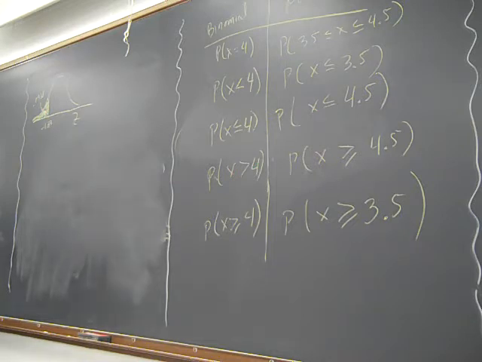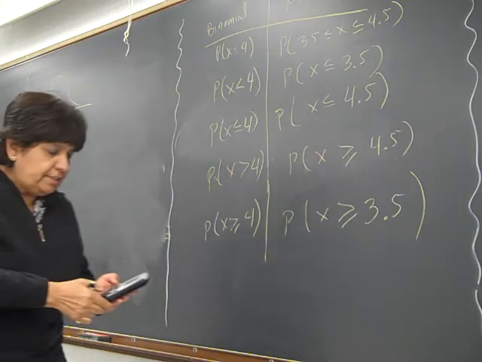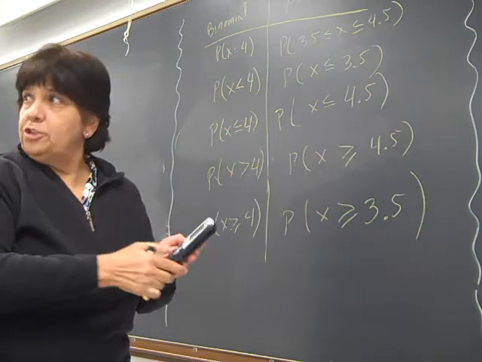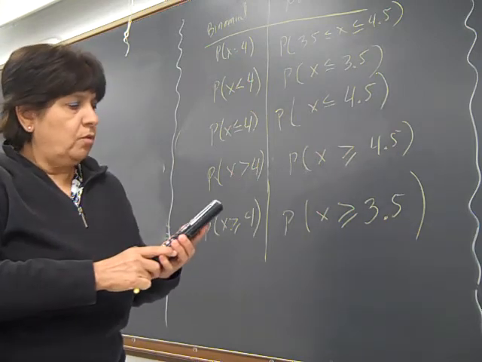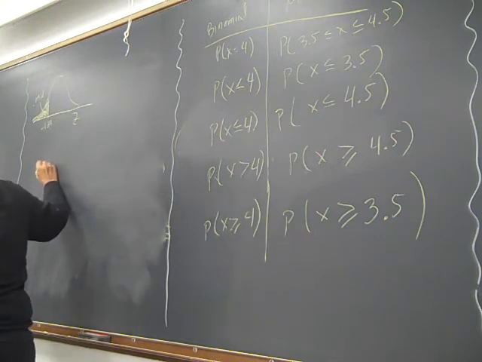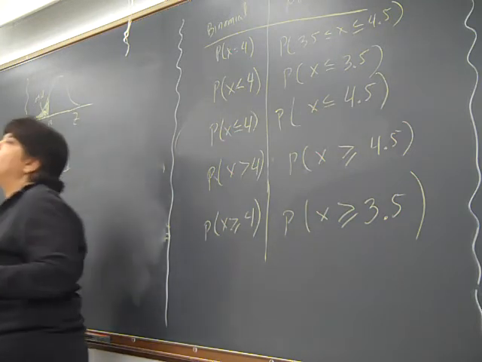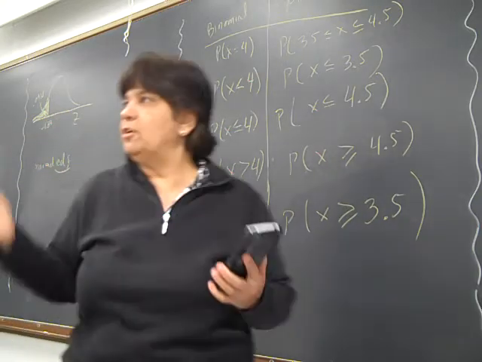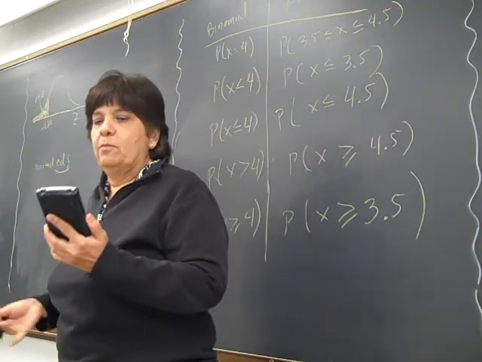For the TI-84 or 83, you have to go to second, distributions, and go to normalcdf. Why? Because we have to use the cumulative distribution function to look for probabilities.